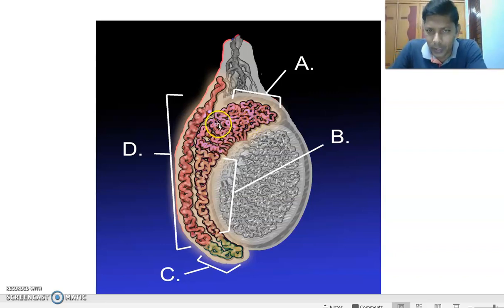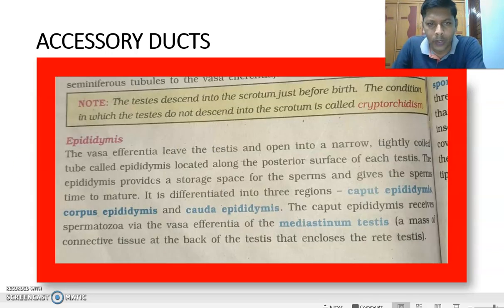Caput epididymis is shown in one color, and the other one you can see, B, in another color, is called the body, the corpus epididymis. The green one, C, is called the cauda. Cauda means tail: head, body and tail. It is a highly coiled, narrow and tightly coiled tube.